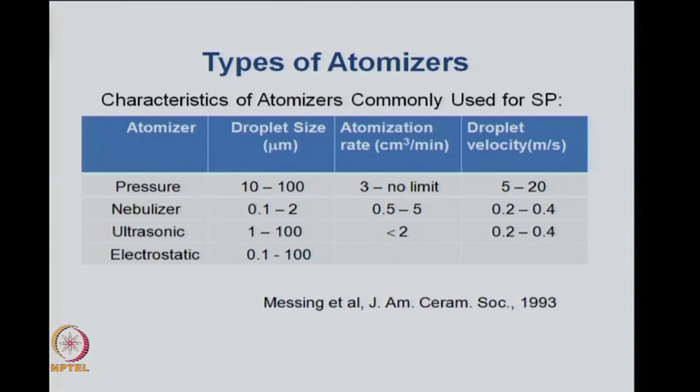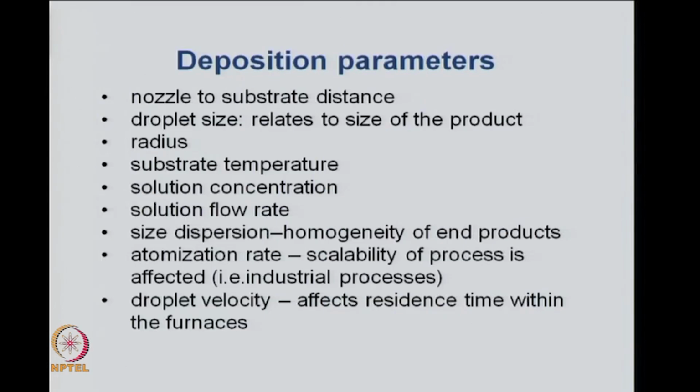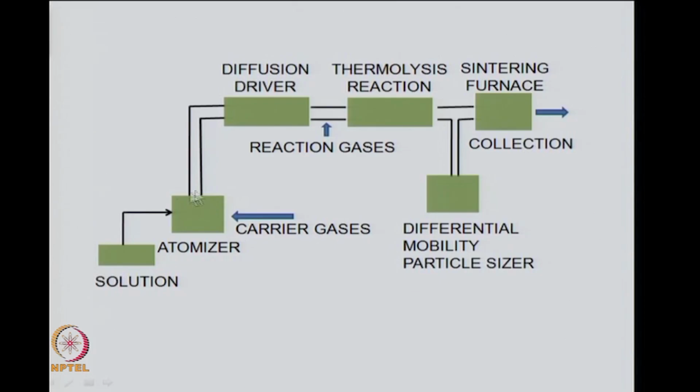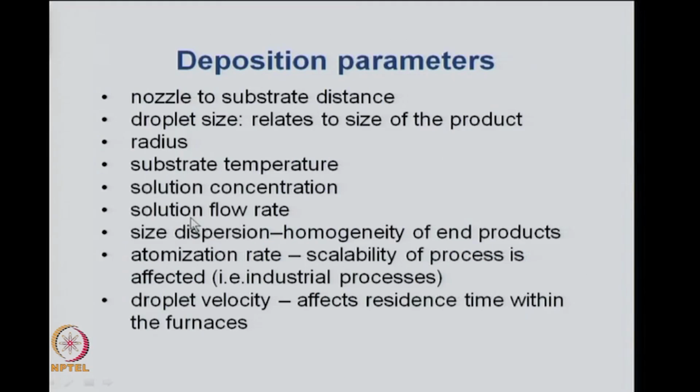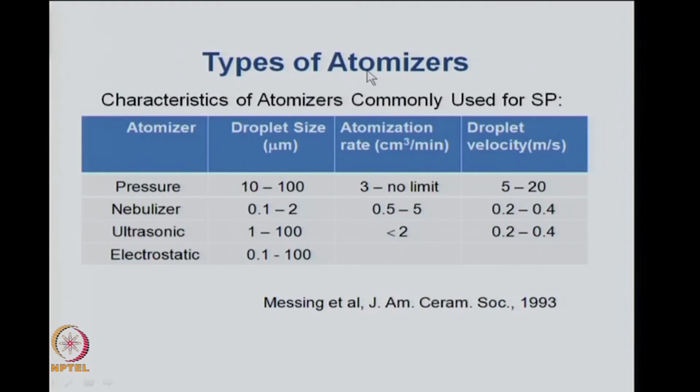Now, coming to types of atomizers. So, where is the atomizer? The atomizer is here, which basically changes the solution which is coming as a continuous flow of liquid into droplets, that is the atomizer, and that atomizer can be of various kinds.